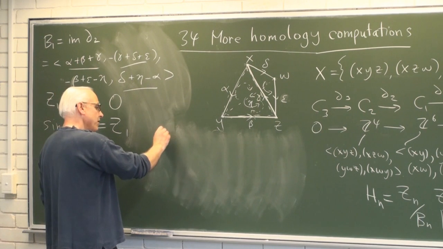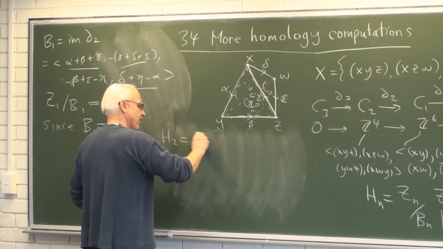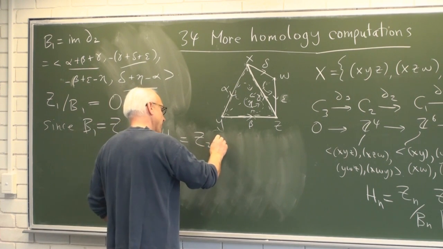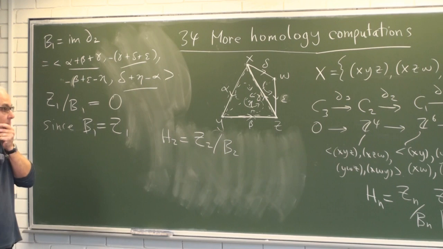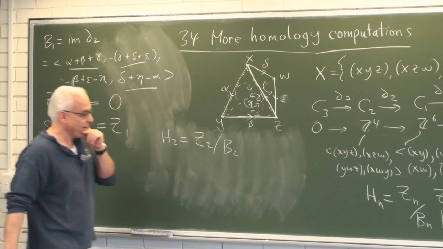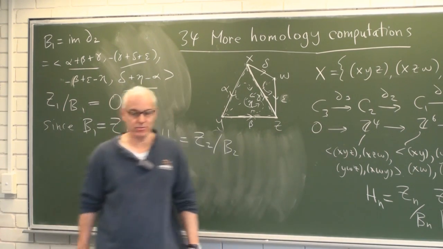So the two-dimensional homology is the two-cycles mod the two-boundaries. And so we now have to ask, well, what are these various faces, and what combination of faces will get sent to zero?